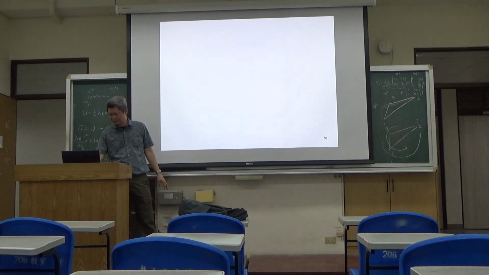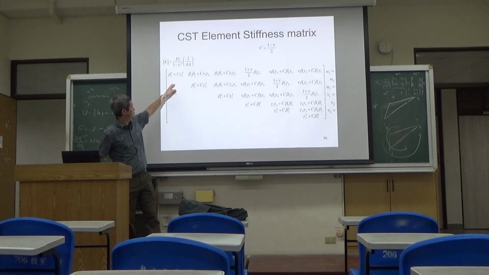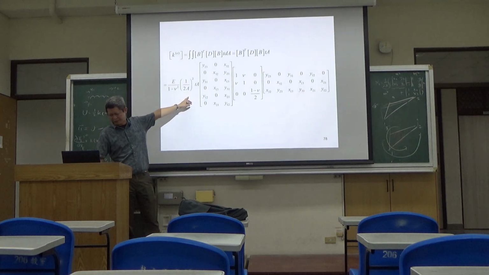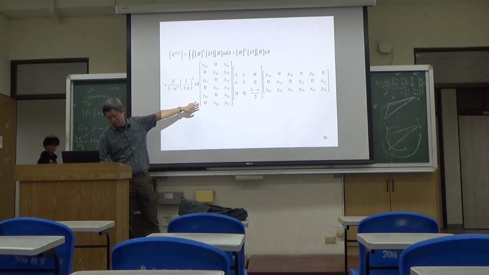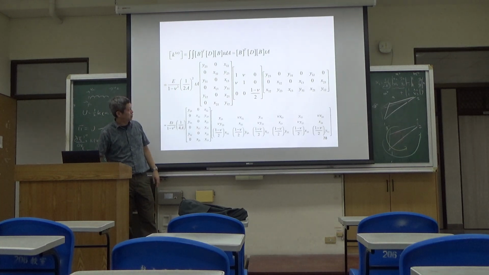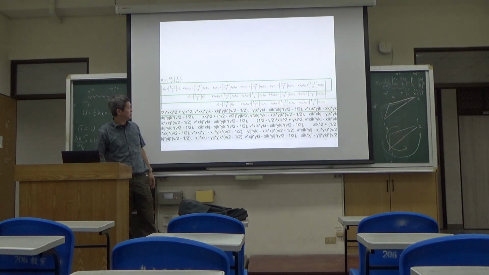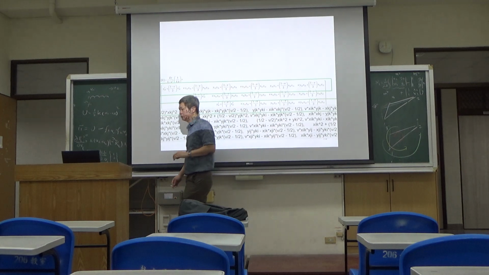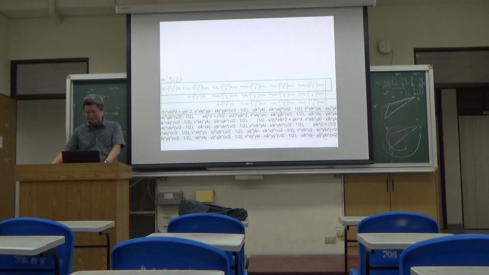One expression here is using beta and gamma, and another recommended expression is using y23, x32. All this can be obtained like that. If you do the expansion, it's very tedious, so please get prepared.